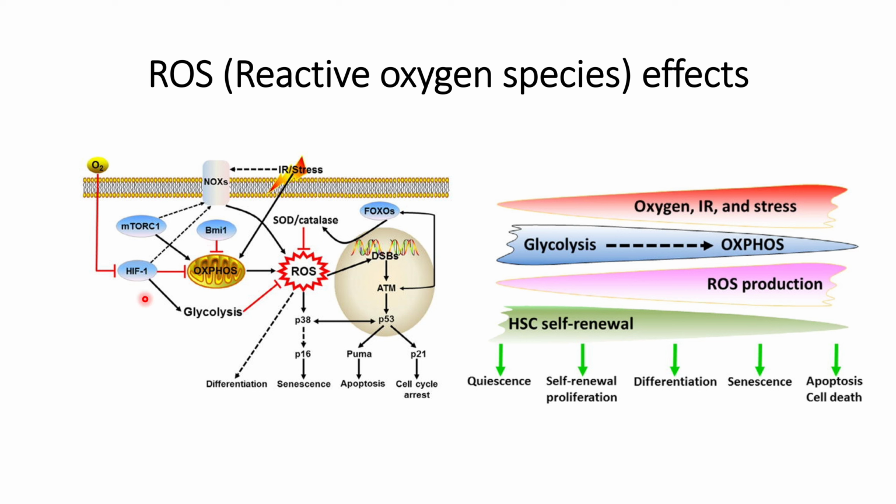There's BMI1, HIF1, and glycolysis will also be stopped. And this results in more ROS formation, that is, with the increase in oxygen amount leads to more reactive oxygen species formation within the cells.